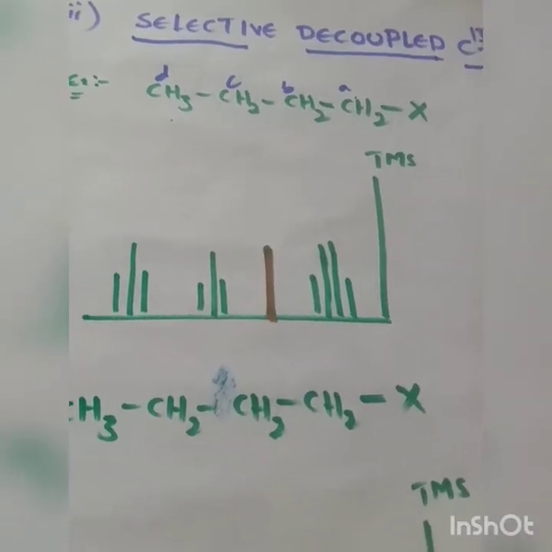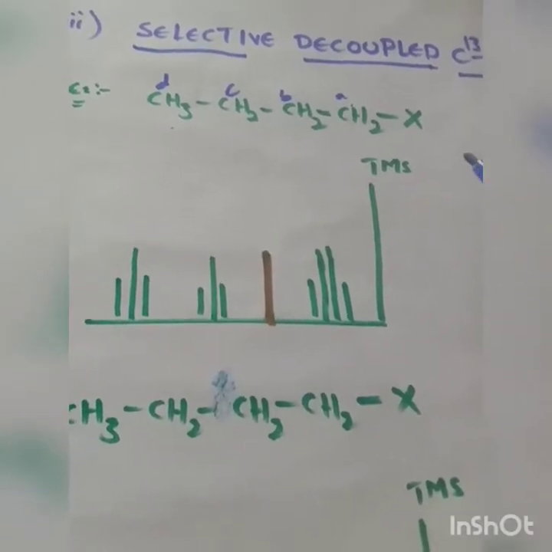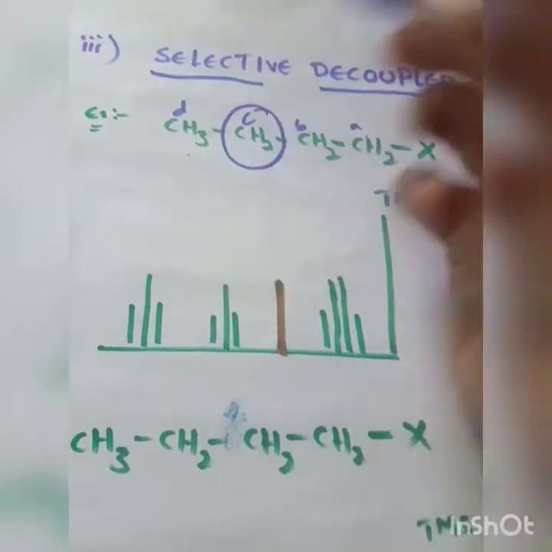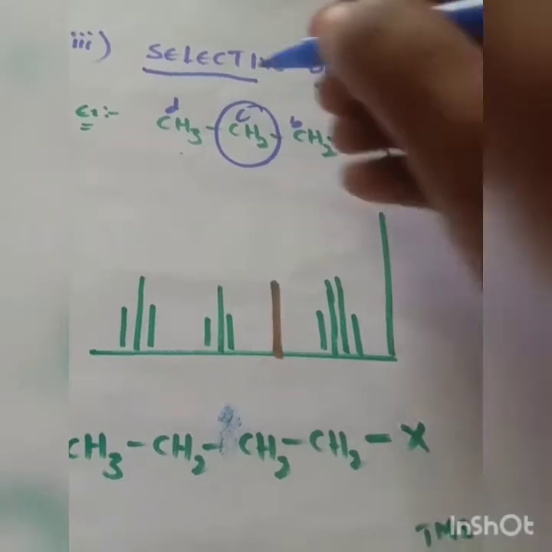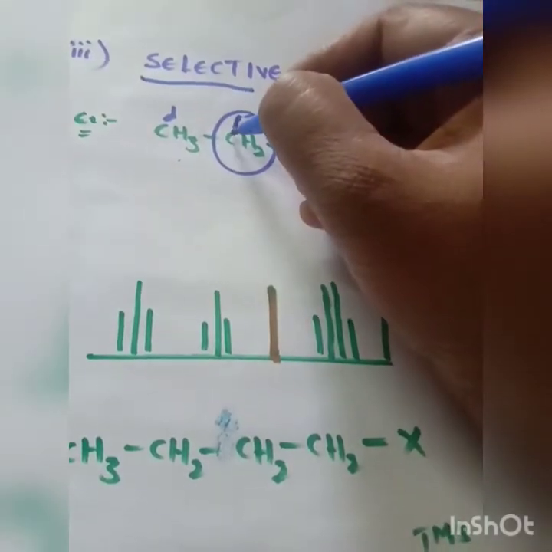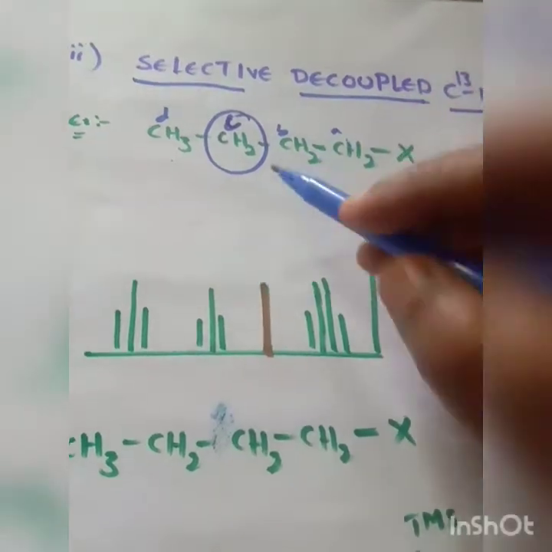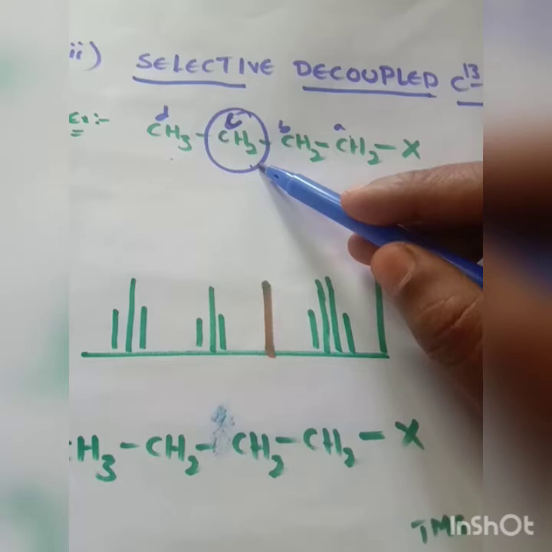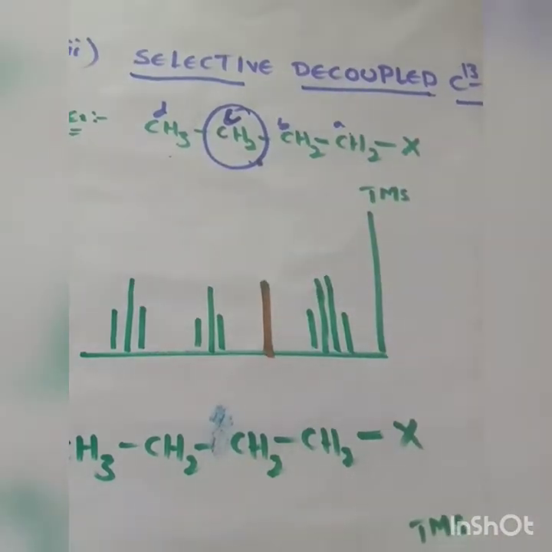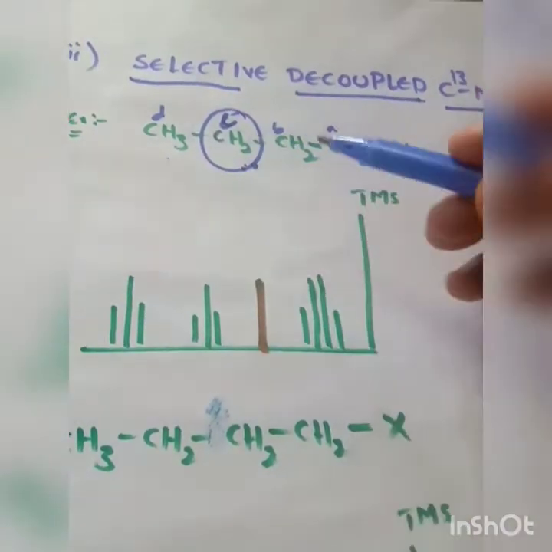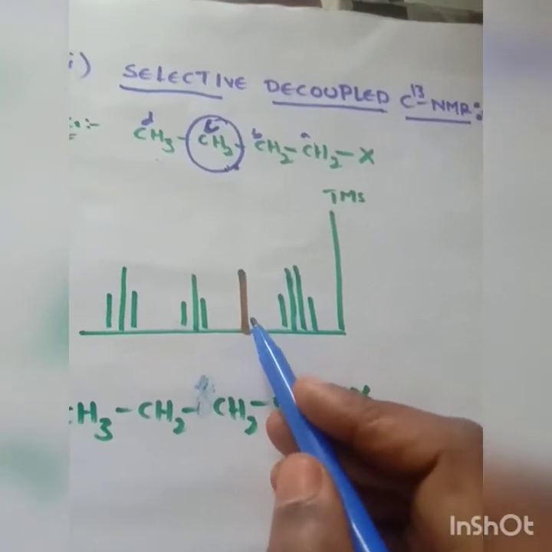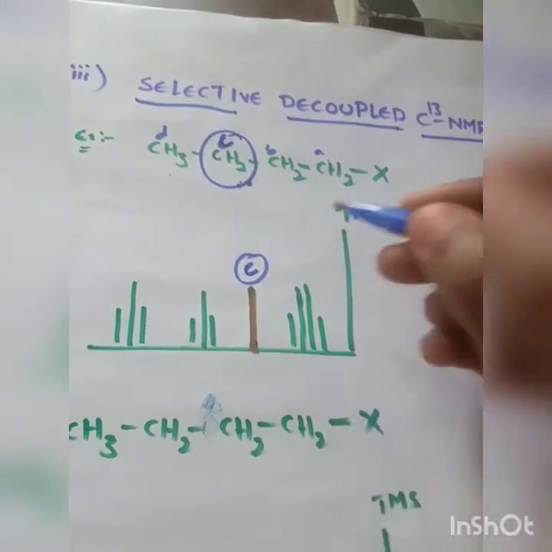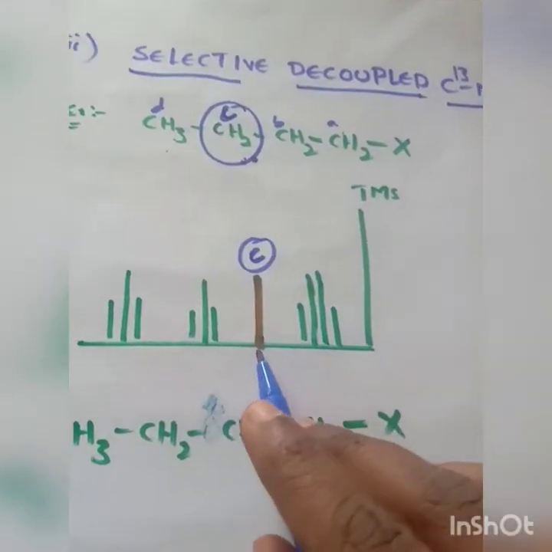For example, the C type of carbon is a CH2 group, so here I have selected the CH2 group. The CH2 group undergoes decoupling, meaning elimination of coupling, and gives only a singlet. So the C type CH2 gives a singlet.